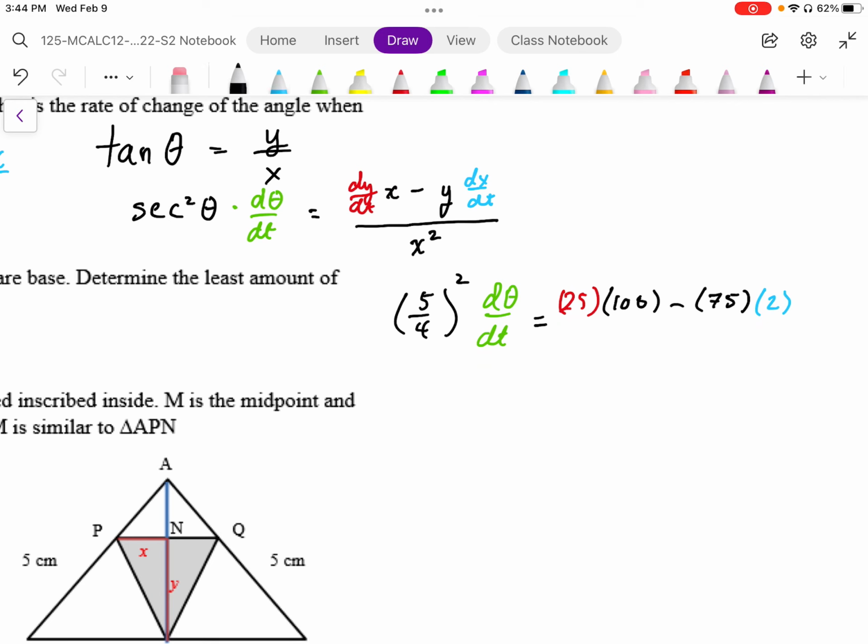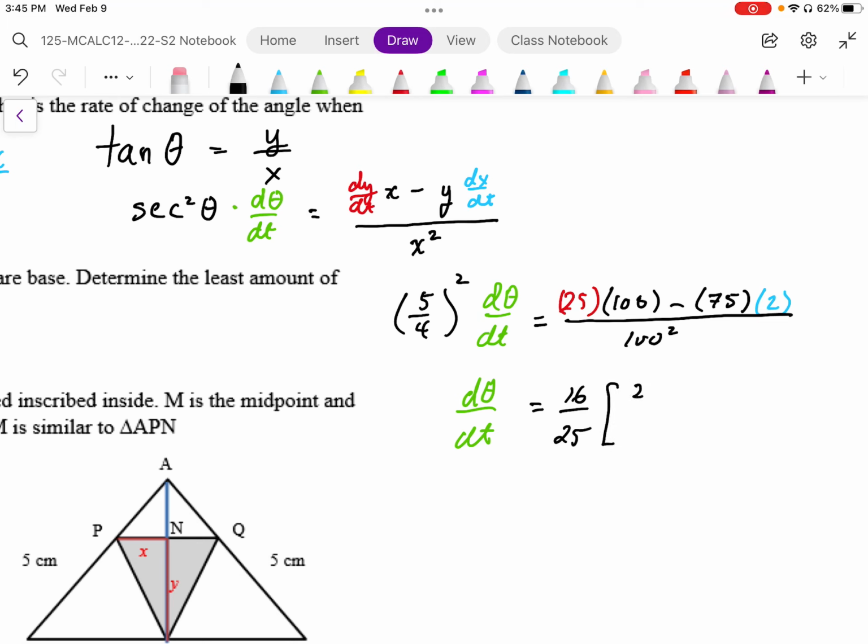Divided by the x position squared, well, that's going to be 100 squared. Then I just need to algebraically solve this for d theta by dt. That's going to give me 16 over 25 on this side, because I have 25 over 16 on the left-hand side, so it needs to change sides.